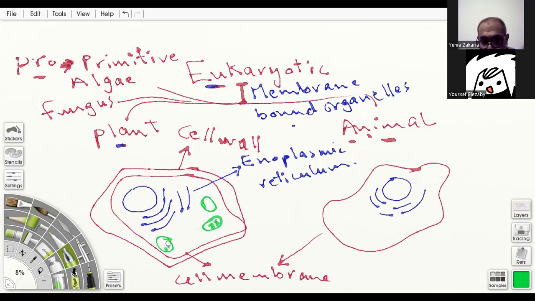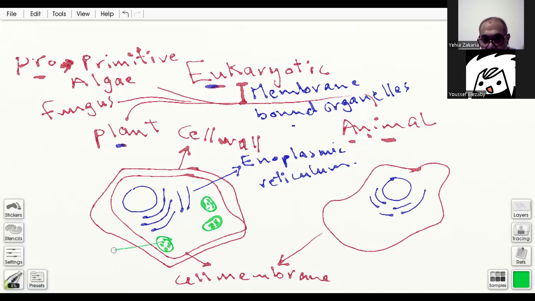This is the chloroplast, not found in animals. Animal cell doesn't have chloroplast.